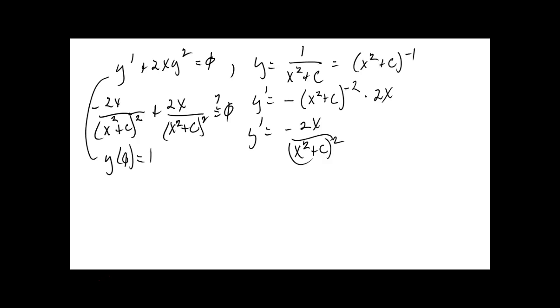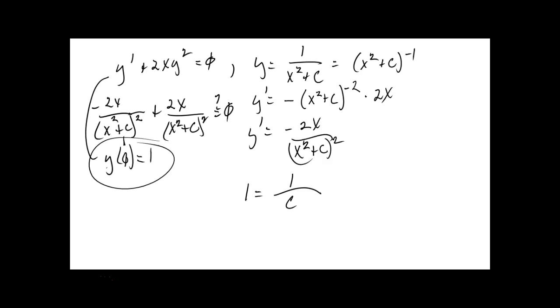But what if they told you y of 0 is equal to 1? Well, then you plug that into your equation here. So what's your y value here? Y is equal to 1. So 1 is equal to 1 over, and what's your x value? 0. 0 squared plus c would just be c.